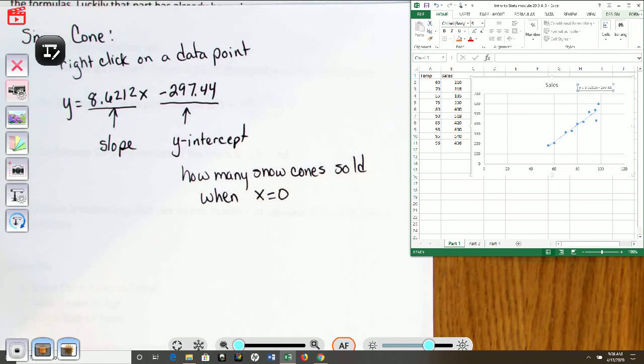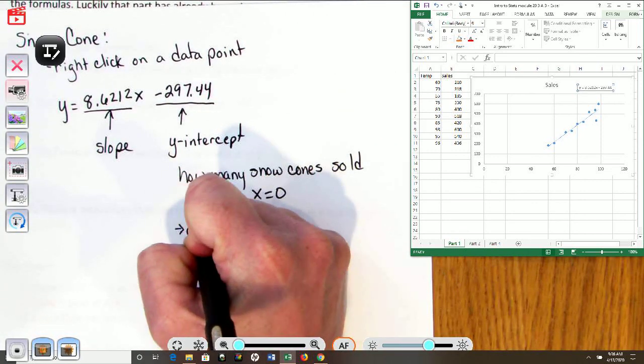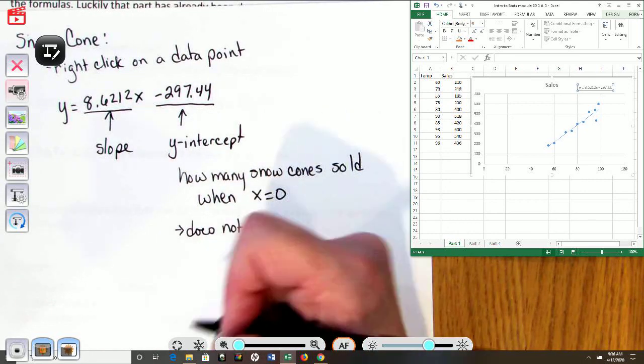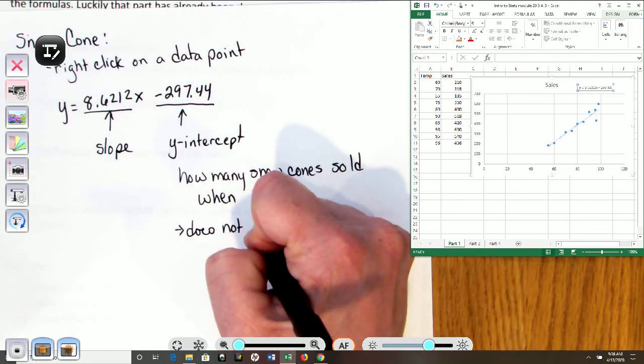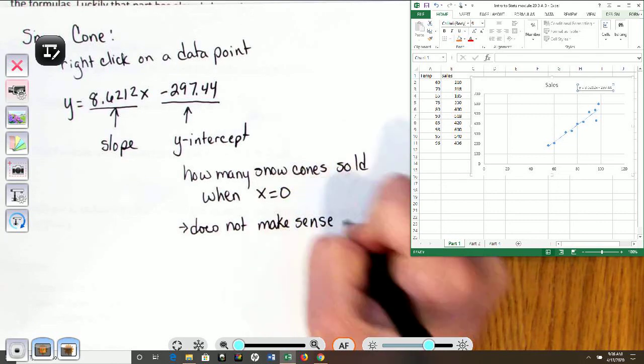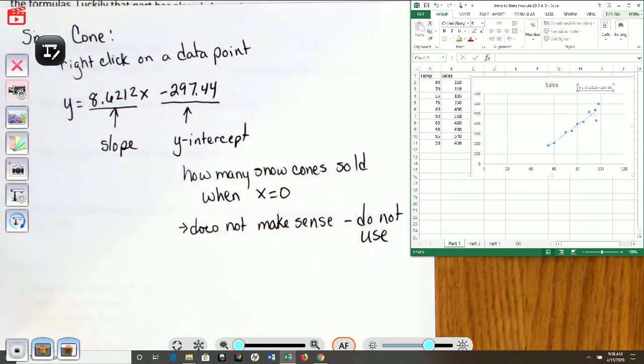So if we had a temperature of 0, we would sell negative 297. This does not make sense for this particular problem. So we wouldn't use this information to interpret anything. Do not use it if we're trying to describe what's going on in this situation with this straight line. We're not going to use that piece of information because it doesn't pertain to our data.